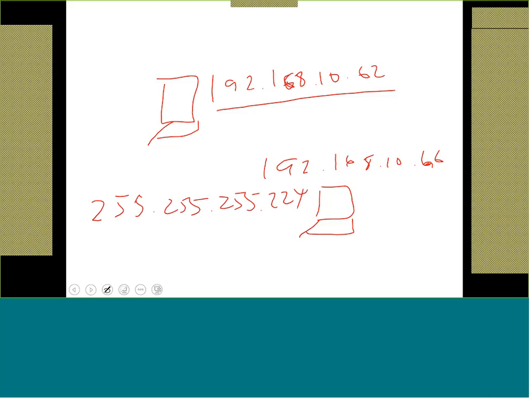No. They're actually not. If I change that from a 224 to a 128, I change what bit? 224 to 128. Are they in the same subnet now? Yeah. Now they're in the same subnet.